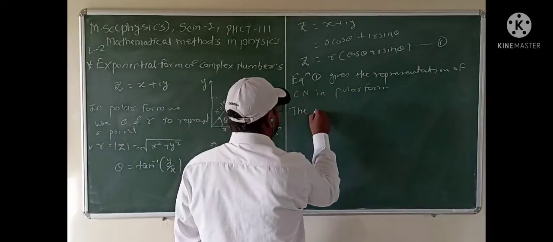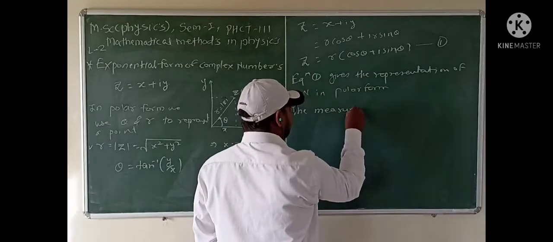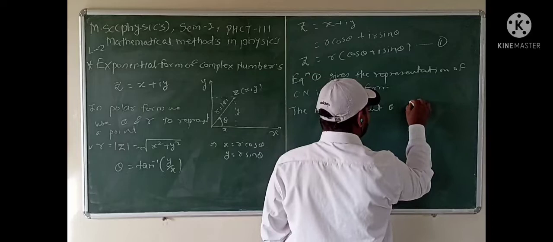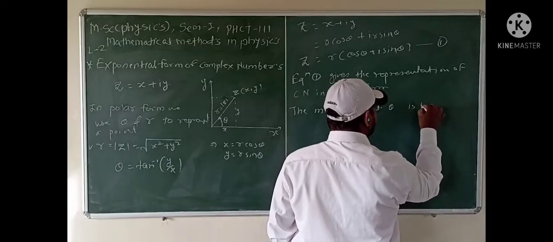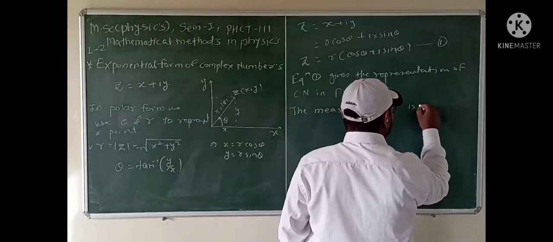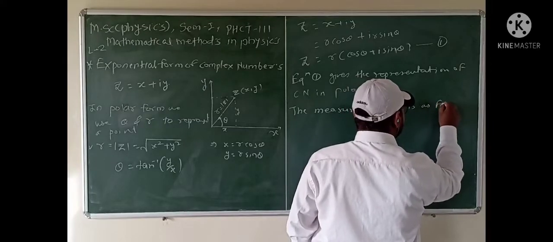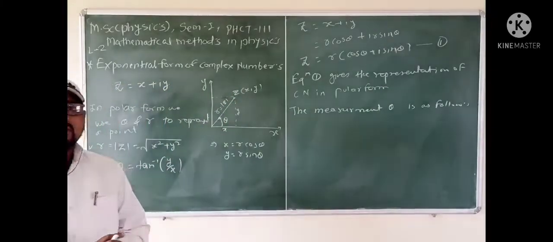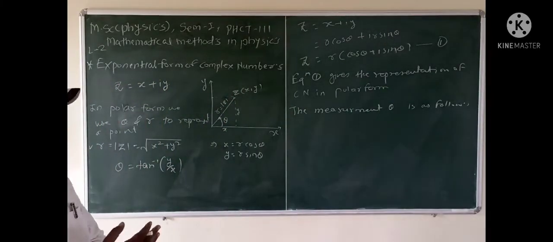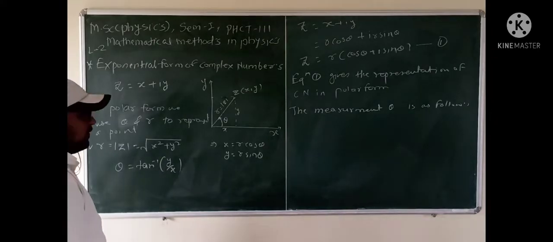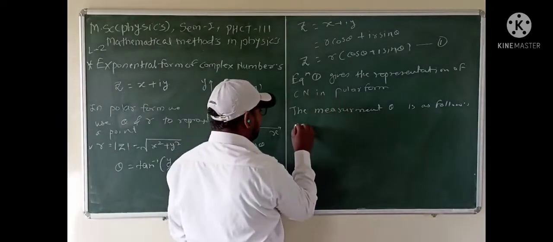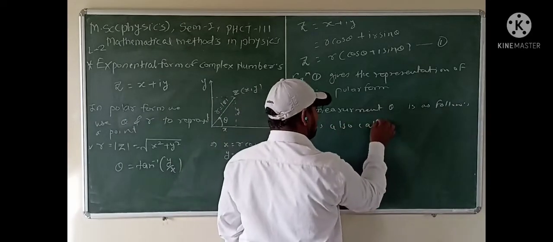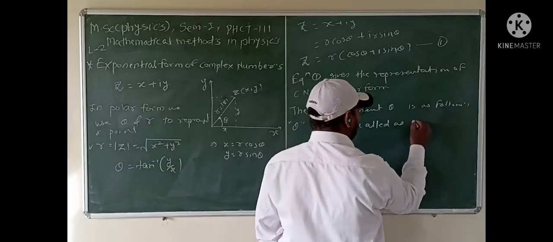The measurement of theta is as follows. There are an indefinite or infinite number of values for theta. Theta is also called the argument of z.